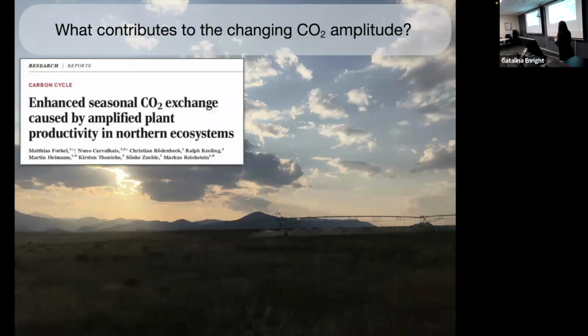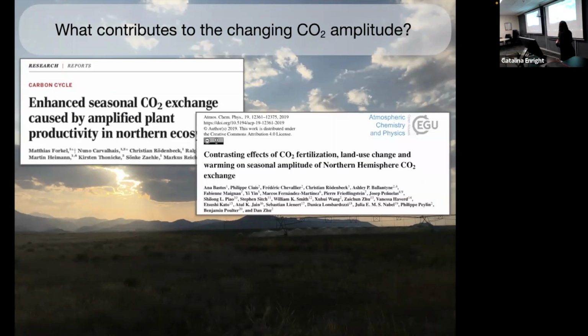Several things. There's been a lot of research on this topic. Enhanced seasonal carbon dioxide exchange is caused by increased productivity in northern ecosystems. So warmer temperatures are increasing plant productivity, potentially contributing to that drawdown. And part of that is that you saw a larger increase in amplitude at Barrow than you did at Mauna Loa. And so this is driving the results here.